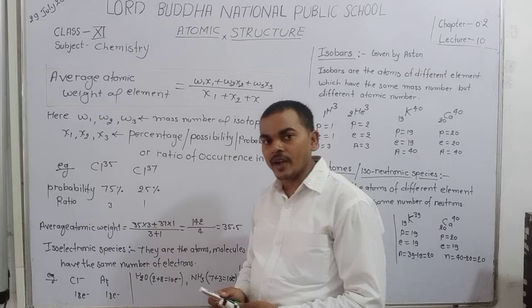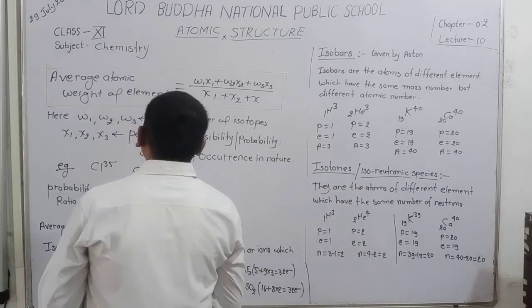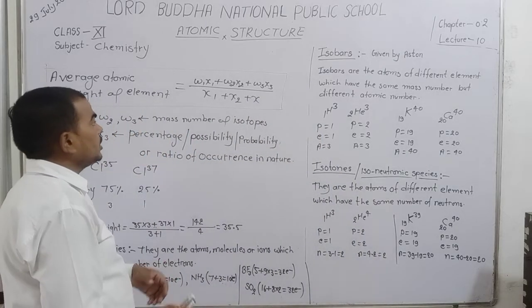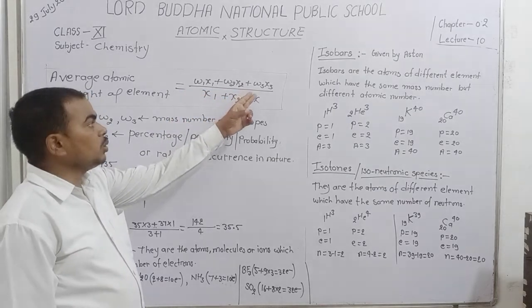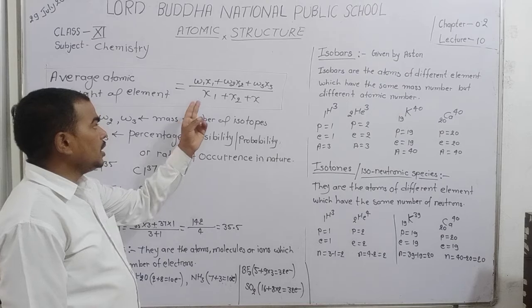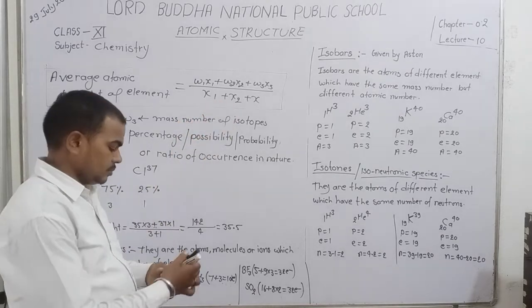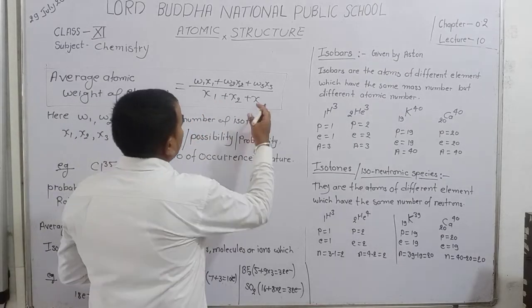Dear student, for finding the average atomic weight of an element, we use W1x1 + W2x2 + W3x3 divided by x1 + x2 + x3.